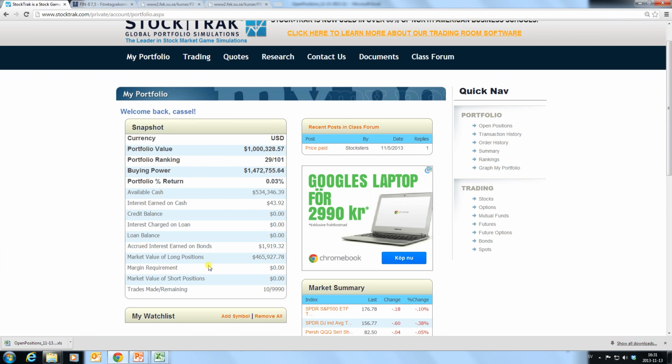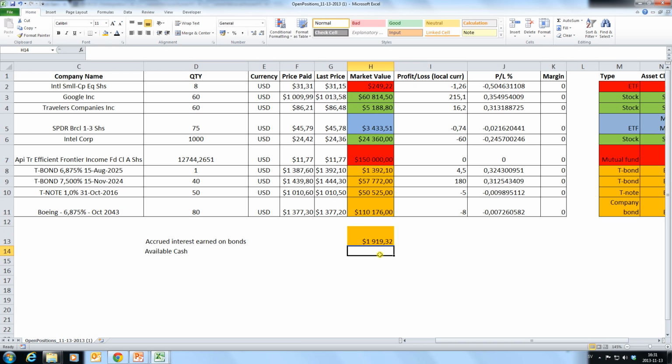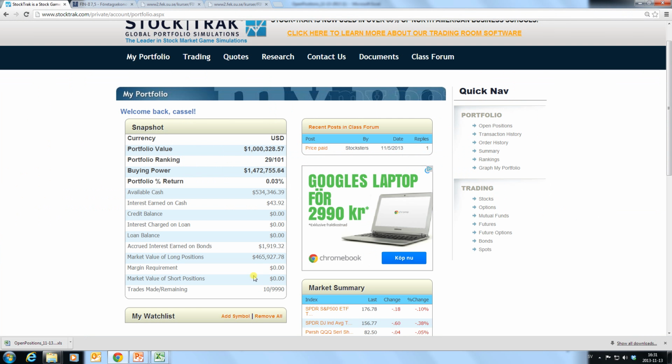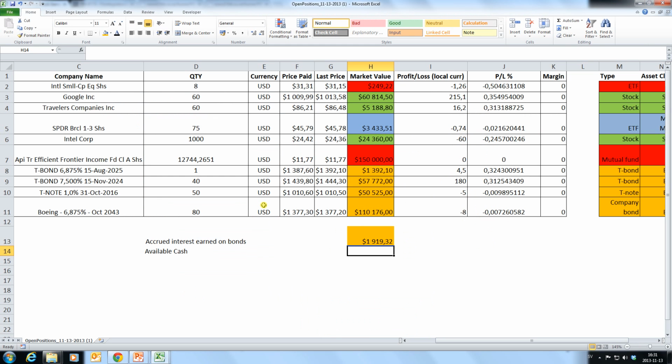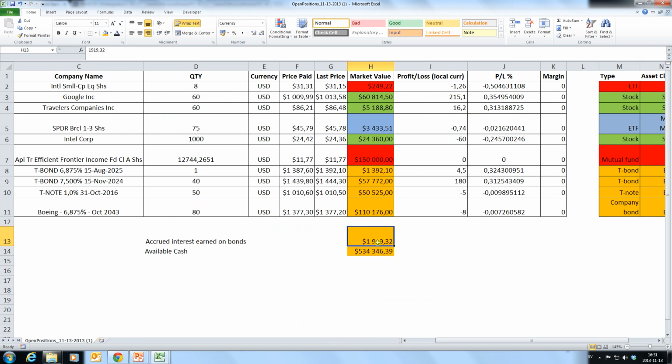So the accrued interest was 1,919.32, and the cash that is available, I find it here, it's 534,346.39. And this accrued interest is a bond, so it's good that it's marked with orange. However, the available cash is not. We were supposed to have that as a separate category, so I will mark it with yellow.